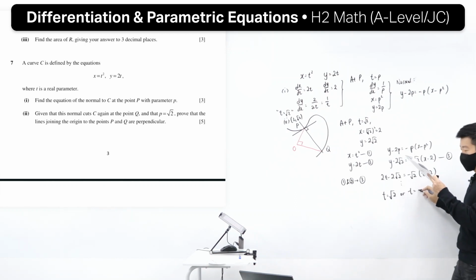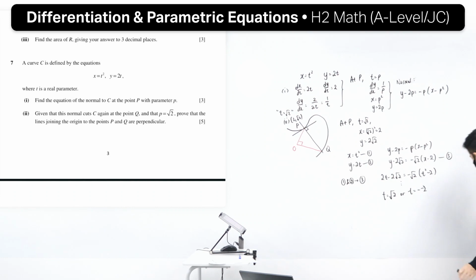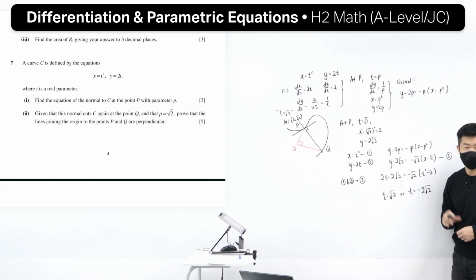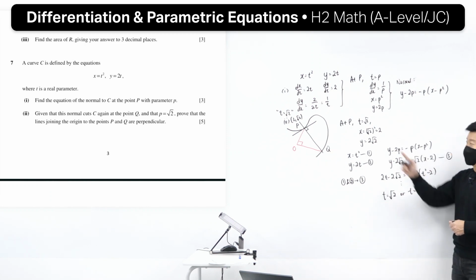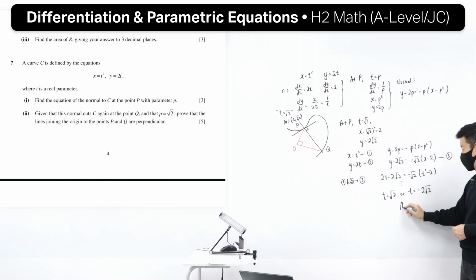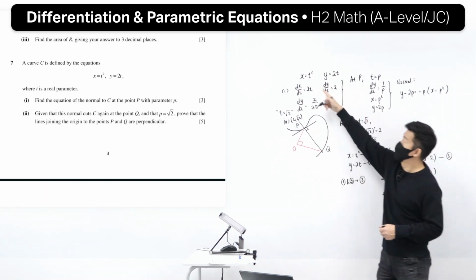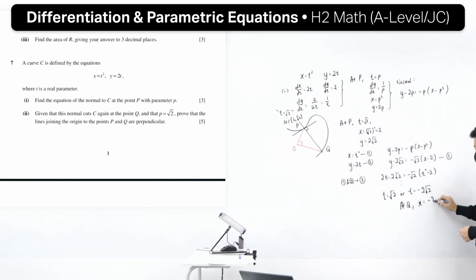So as expected, one of the t is equal to square root of 2. The other t is going to be equal to minus 2 square root of 2. I'm going to say this is the t that gives me the point Q. So at point Q, t is going to be equal to this. So x is going to be equal to t squared, so it's going to be minus 2 square root of 2 squared, which is equal to 8.